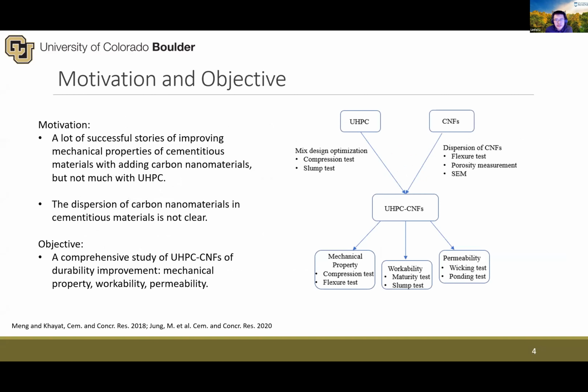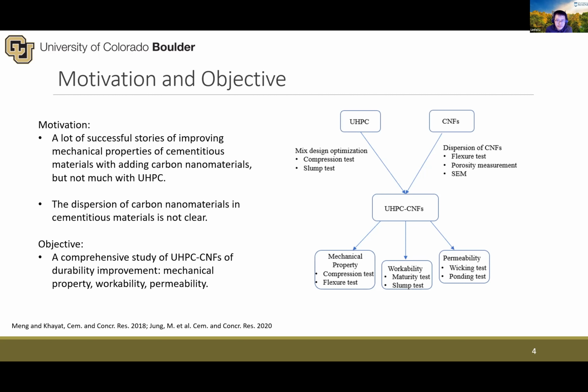Although there are many successful stories of combining cementitious material with carbon nanomaterials, such as carbon nanofibers, carbon nanotubes, and recently cellulose nanofibers, not much study focuses on UHPC with carbon nanofibers. So nano-level UHPC research is still missing.